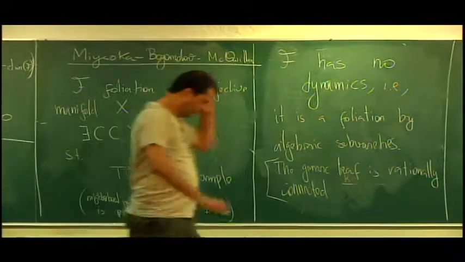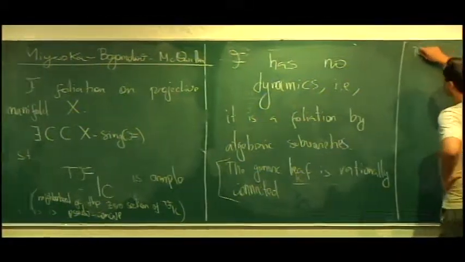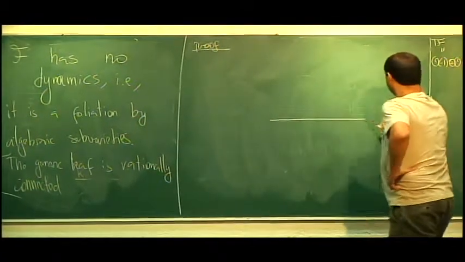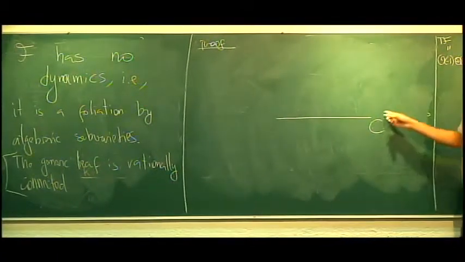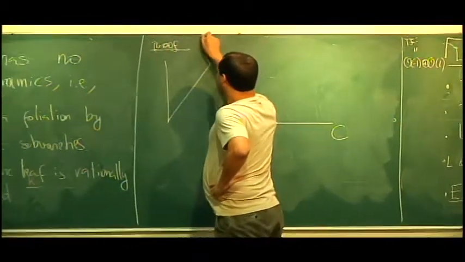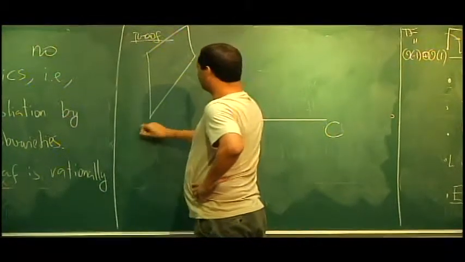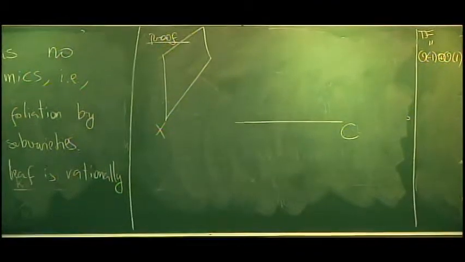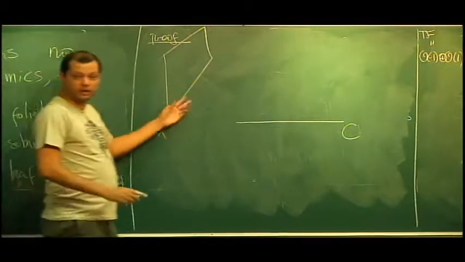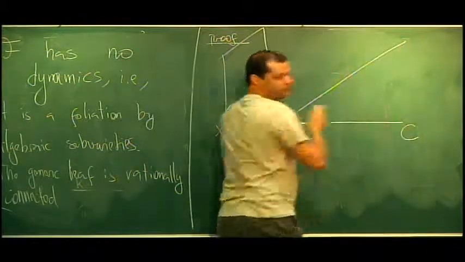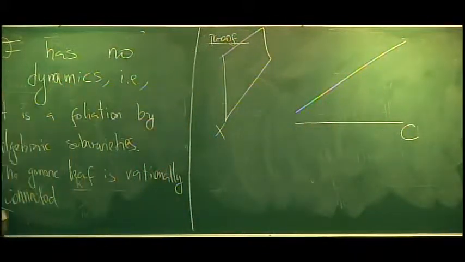But anyhow, how does the proof go? I look at, this is my favorite picture, the curve C and the manifold X, right? I look at the two things together. And now I look at the embedding of C into X. I look at the graph of it. So I have a kind of diagonal here, right?